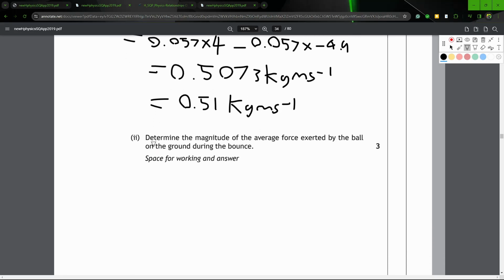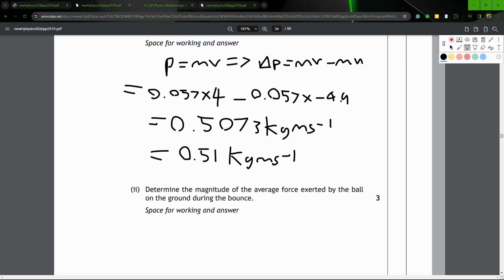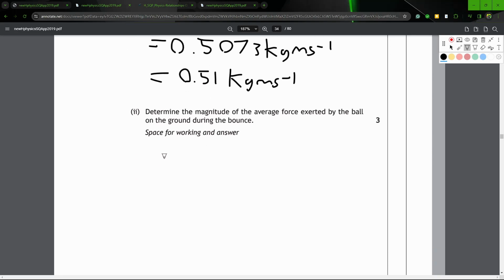So anyway, determine the magnitude of the average force exerted by the ball on the ground during the bounce. Now, how do we do this? Well, remember, change in momentum, I'll represent that as delta p, equals impulse, which in turn equals Ft.